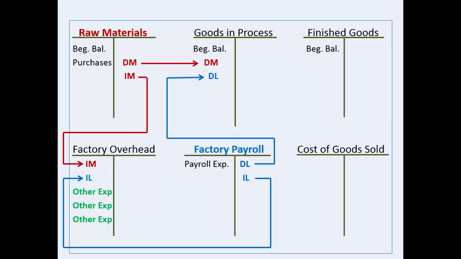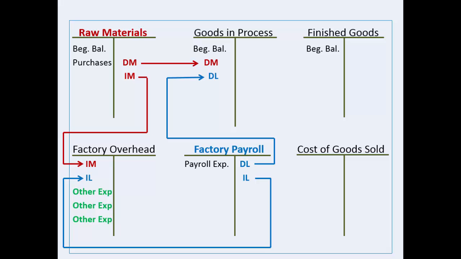With period costs, I would have utilities expense and cash, but if it's a product cost, I call it factory overhead and cash. With payroll, if it's for my office workers, I could have wages expense and wages payable because those are my period costs. But if it's a product cost, I need to track it separately in cost accounting.